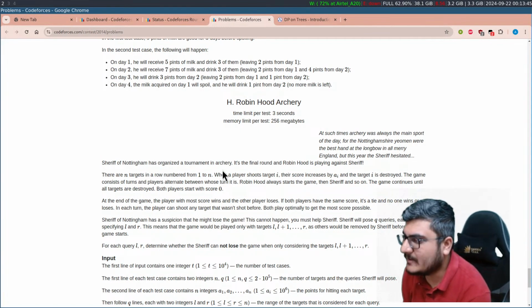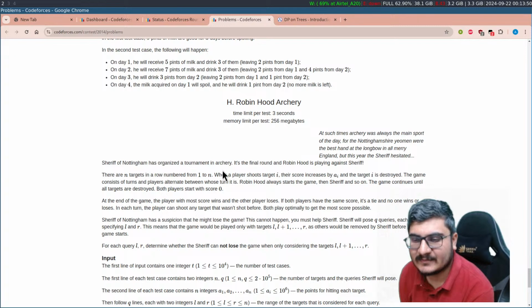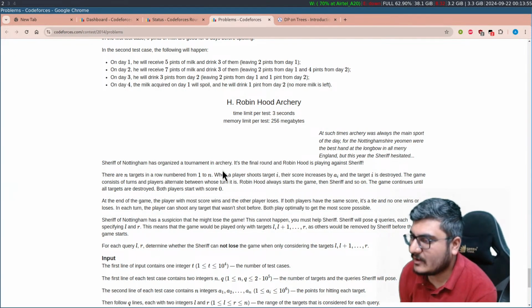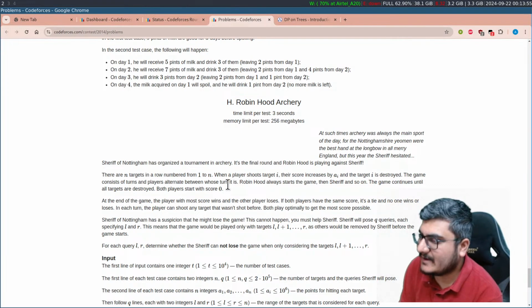In the final round, Robin Hood is playing against the Sheriff. There are n targets in a row numbered from 1 to n. When a player shoots target i, their score increases by a_i and the target i is destroyed.